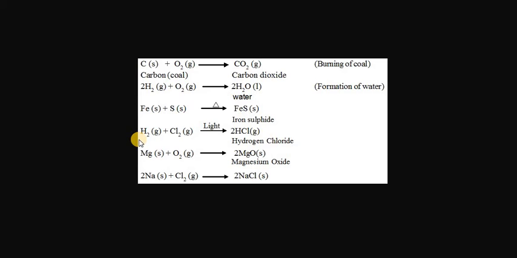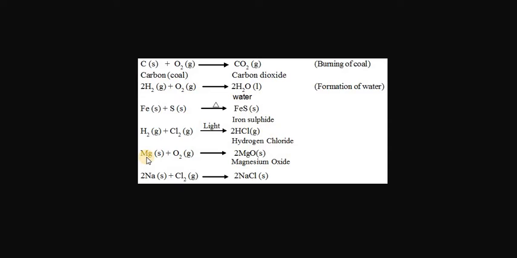The other example of combination reaction is the formation of hydrochloric acid. In that, hydrogen and chlorine gas react with each other in the presence of light, and it gives HCl, that means hydrogen chloride, also called hydrochloric acid.